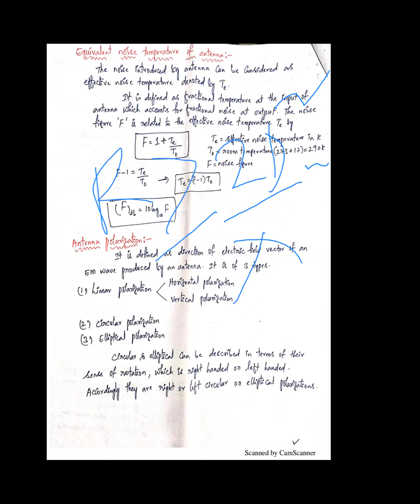Now, near field region is also called as Fresnel region, F-R-E-S-N-E-L, and far field region is called as Fraunhofer region, F-R-A-U-N-H-O-F-E-R. I repeat, another name for near field region is Fresnel region. Another name for far field region is Fraunhofer region. I hope you understood this.